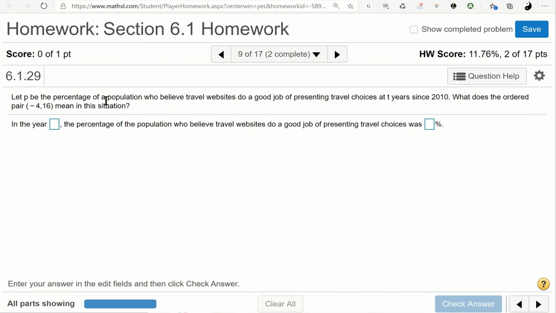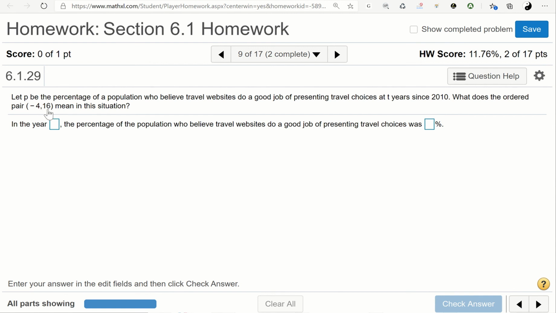All right, so here we have P, which is the percentage of the population who believe travel websites do a good job of presenting travel choices at T years since 2010, right? So what does the ordered pair negative 4, 16 mean?